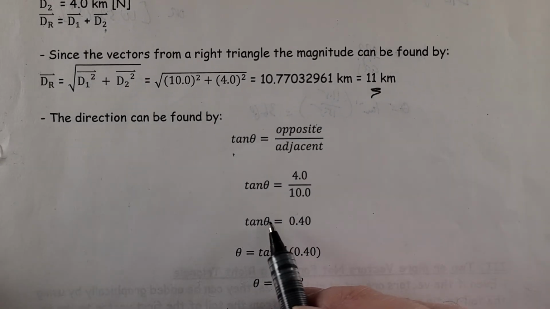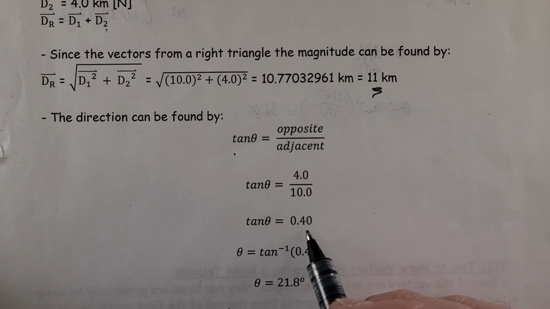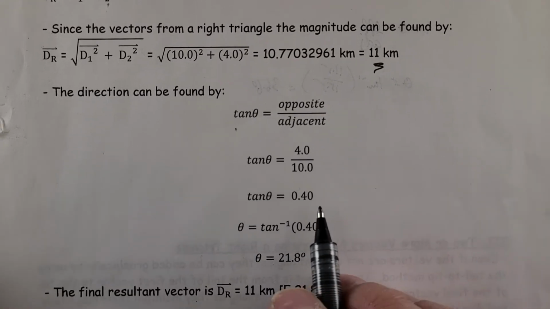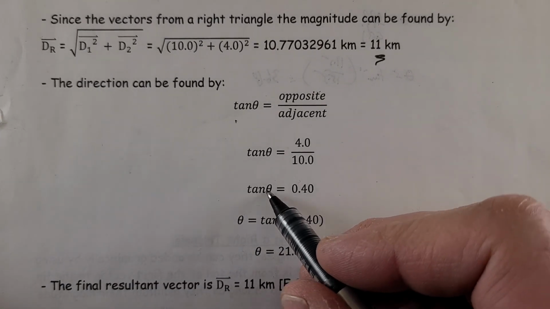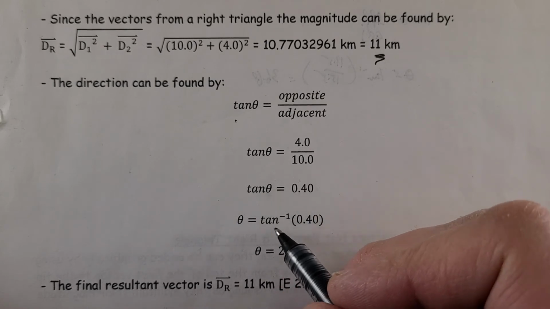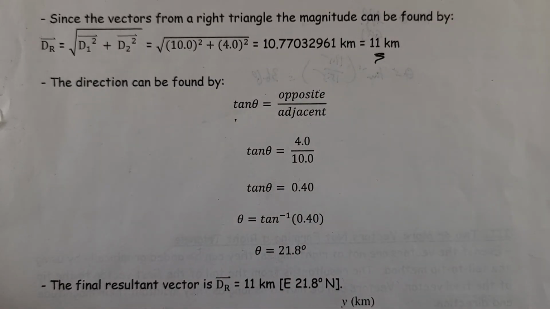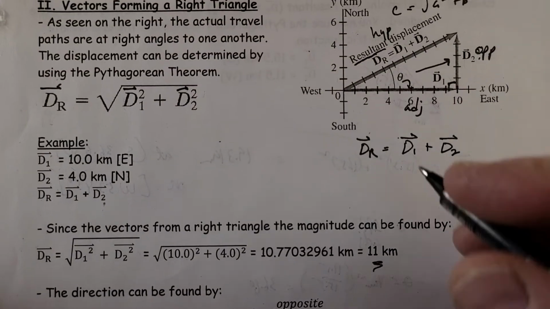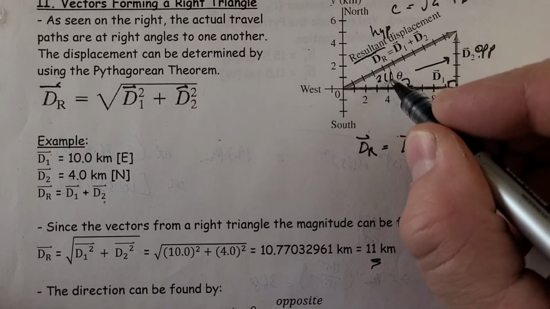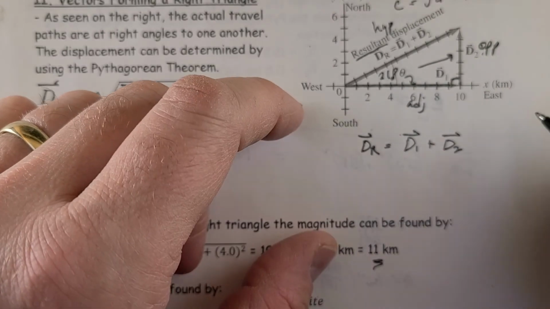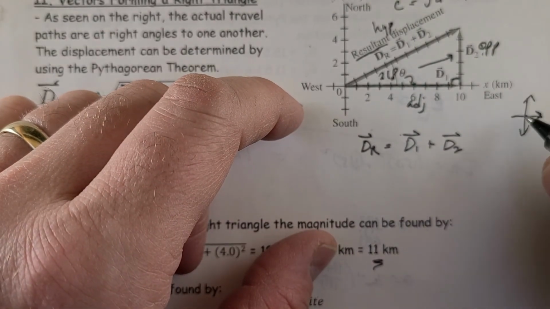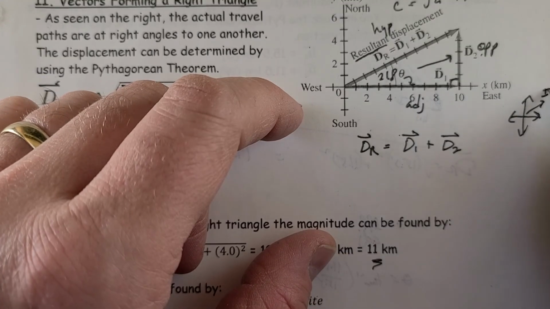So the tan of whatever angle theta is going to be 0.4. But of course, I want to do the inverse operation. To know what angle it is, I have to take the inverse tan of 0.4, and I get 21.8. So this is 21.8 degrees. And I know that this vector is pointing in quadrant 1.